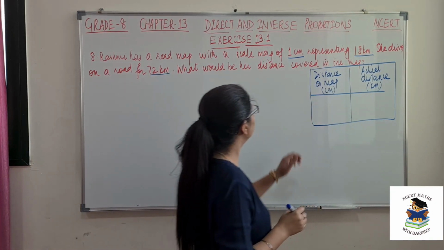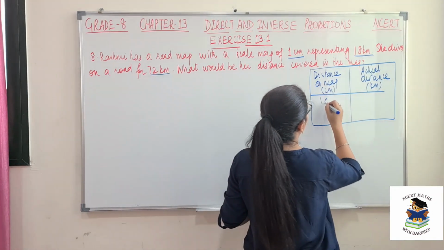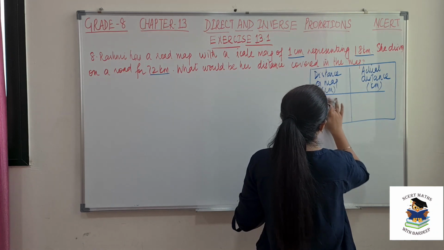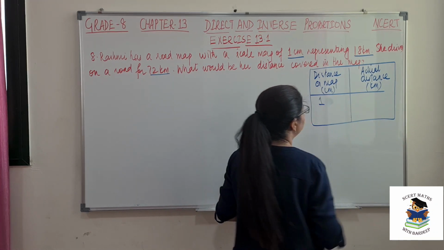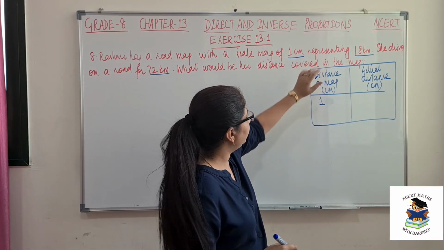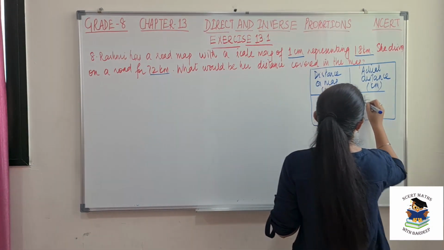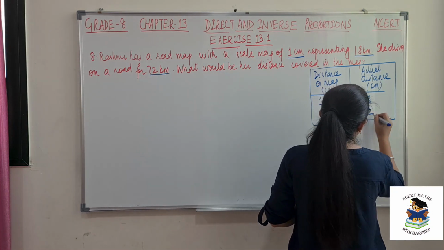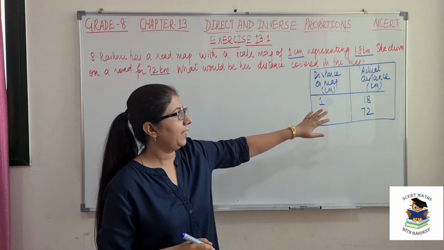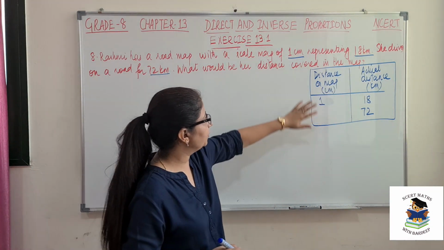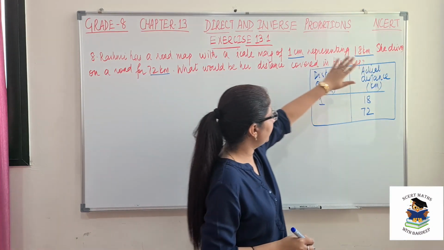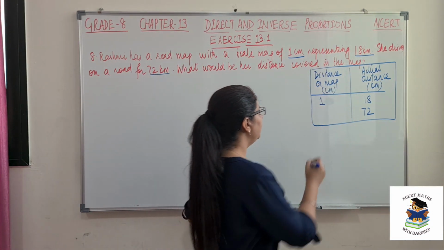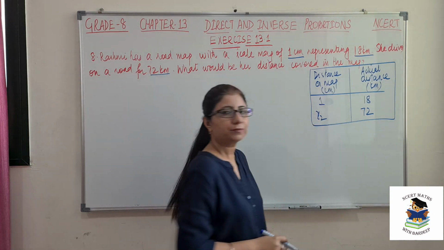So let's put the values. So 1 centimeter on map, we need not write units now because we have already mentioned them in the headings. So for 1 centimeter this is 18, and we don't know the value for the map distance when actual distance is 72. So this is x, this is y, so this is x1, this will be x2.